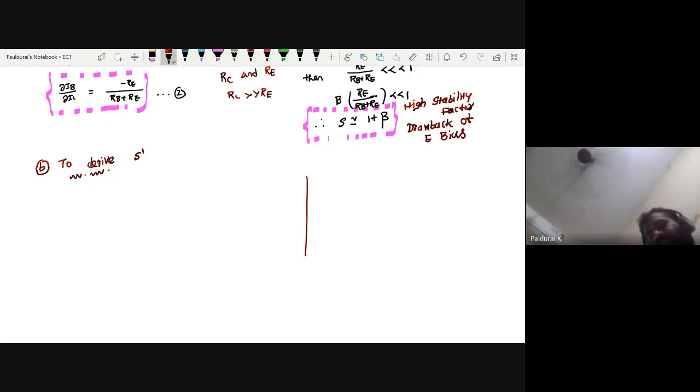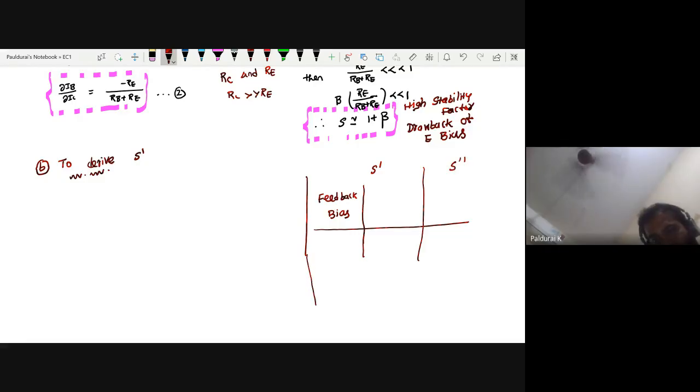What is the S dash for collector to base bias, otherwise feedback bias? S dash and S double dash. Anyone?